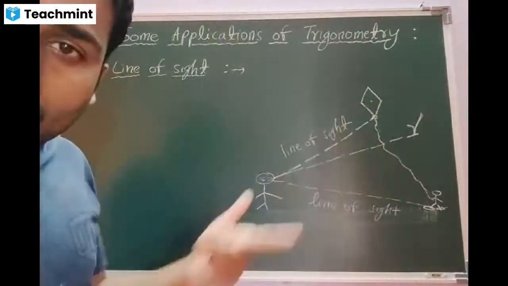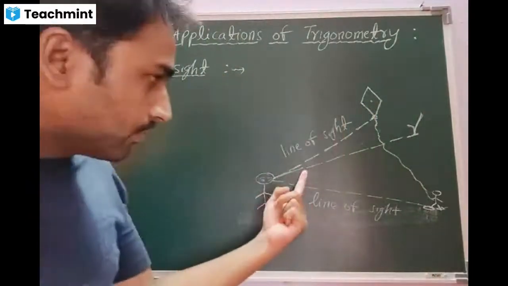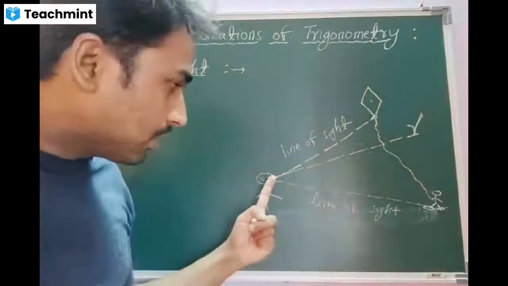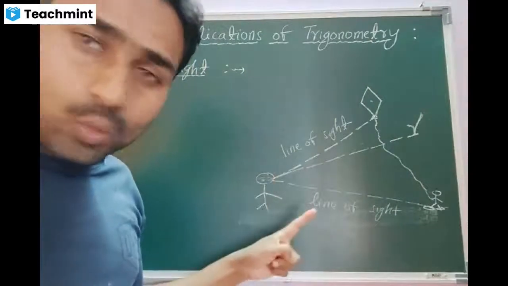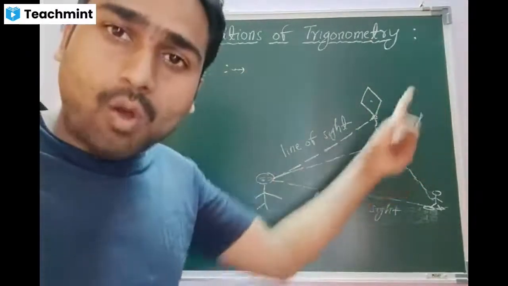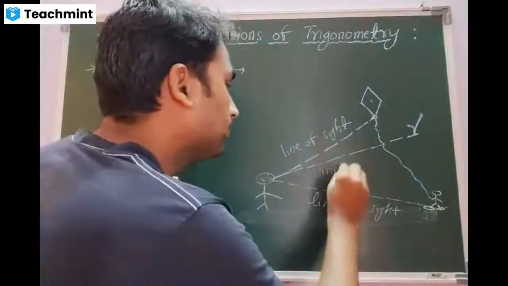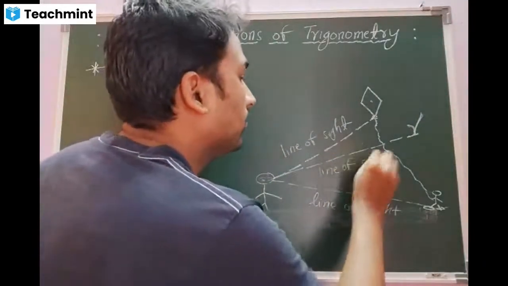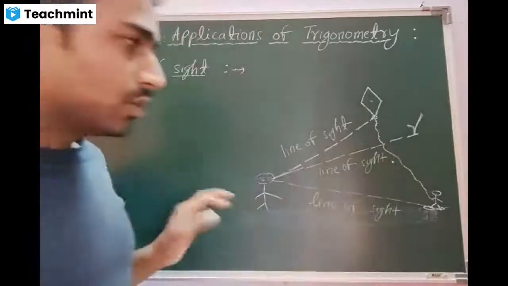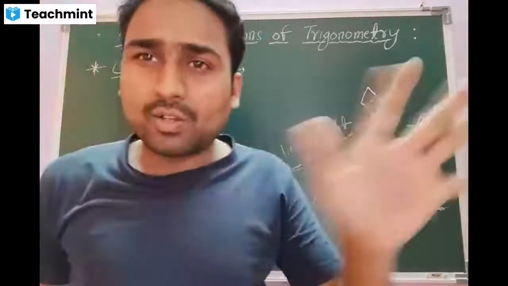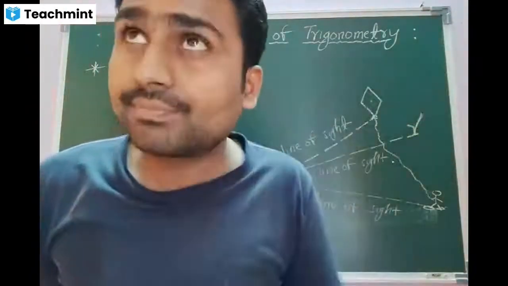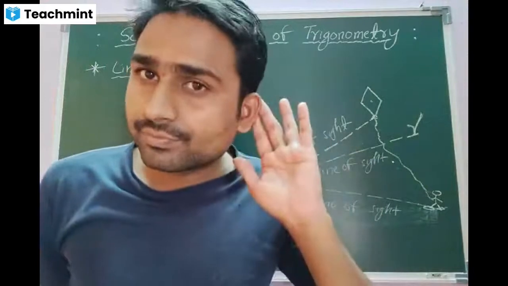Again, we can draw a dotted line. The imaginary line from the eye of an observer to any point in the object under observation. So it is also called what? Line of sight. So I hope you understood the meaning of it. Correct, beta? Yes, sir.